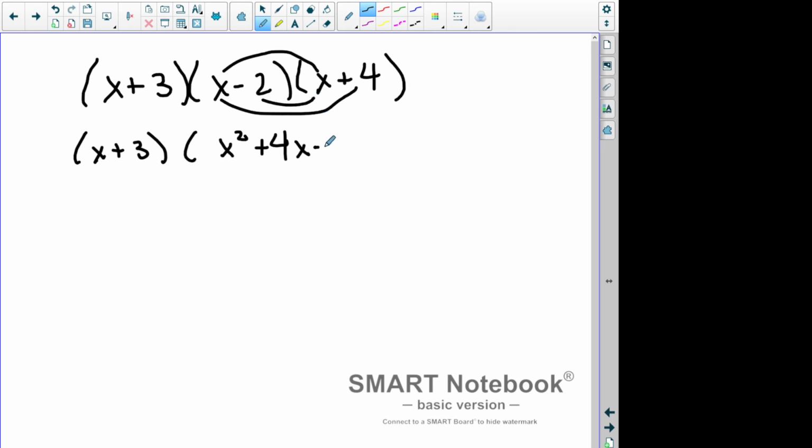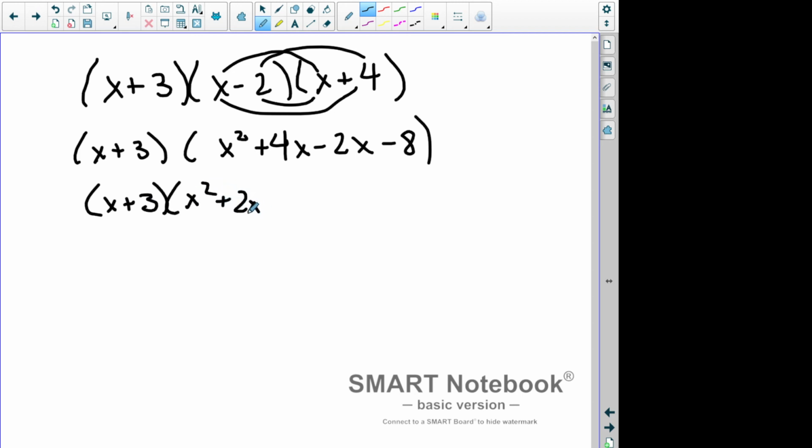Negative 2 times x gives me negative 2x. Inside ones, and then the last ones I get negative 8. I would combine like terms here, so this would be x plus 3. And here I'd have x squared plus 2x minus 8.